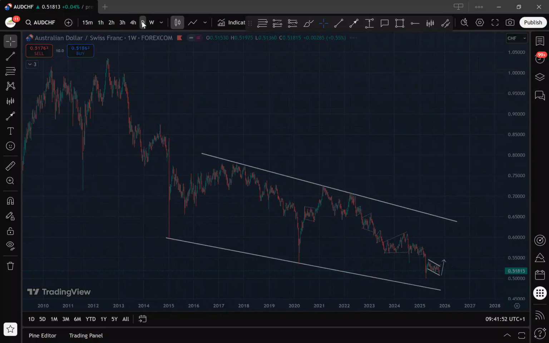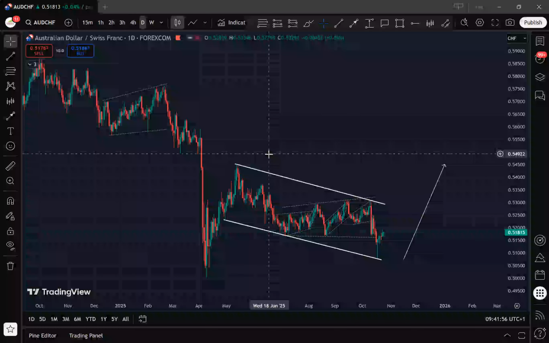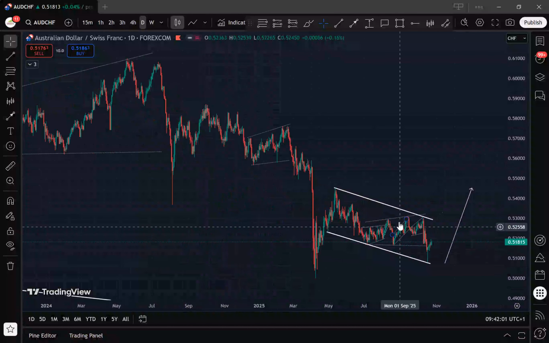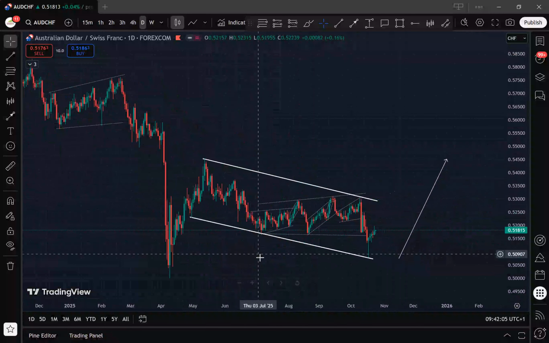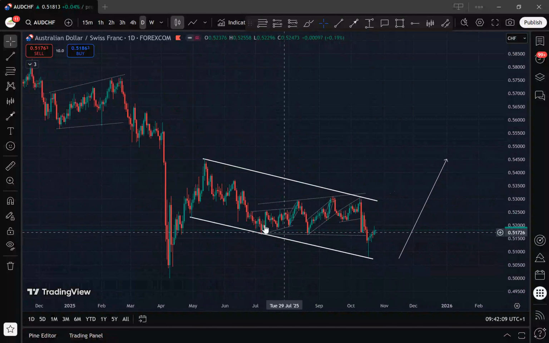Then going down to the daily time frame, right here, it seems to me that we have a bullish continuation structure, bullish impulse, bullish continuation structure. And the price right now has hit the low of this bullish structure. If you look at it here, this is 1, 2, 3.